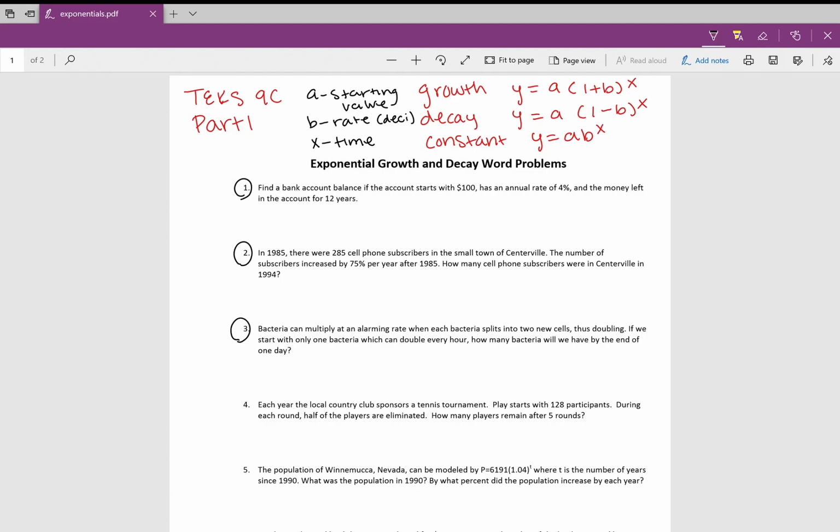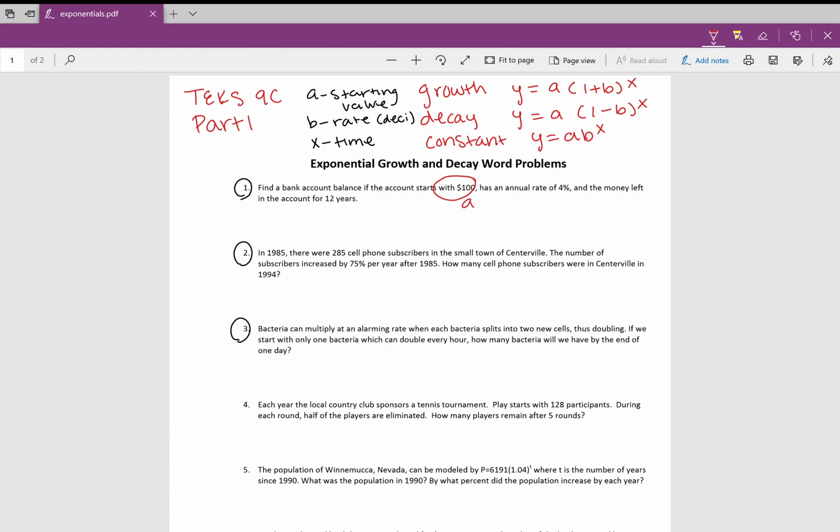Number 1 says find a bank account balance if the account starts with $100, has an annual rate of 4%, and the money is left in the account for 12 years. Remember, first we go through the problem and label everything. Starts with 100, so that's our A value.